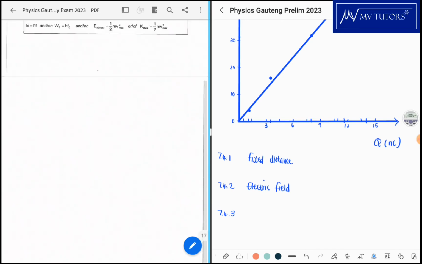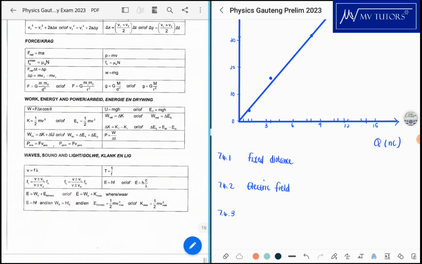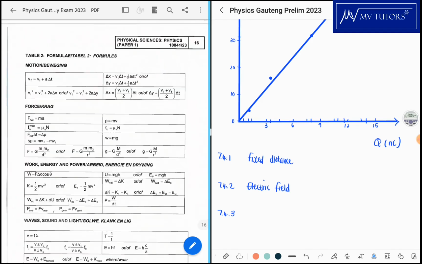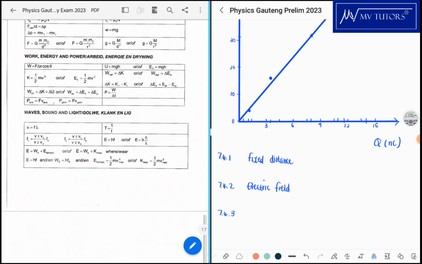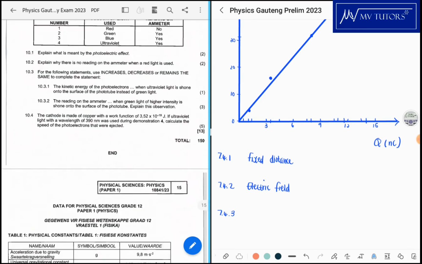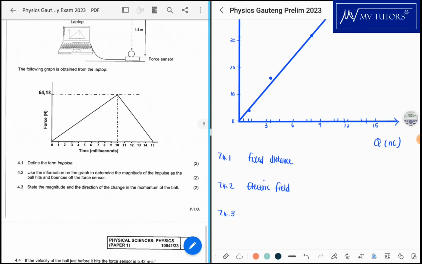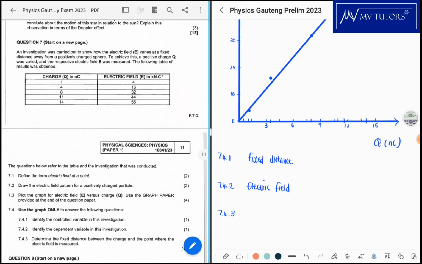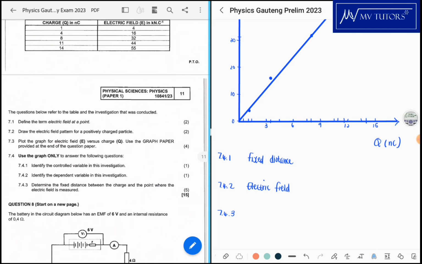Yeah, but anyway, the electricity portion here is missing in the formula sheet, but I think in your formula sheet everything will be there. So let's just work from memory. So electric field, don't know if you remember, it's actually kQ over r squared.